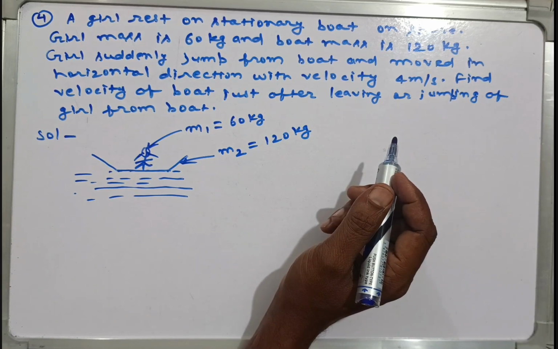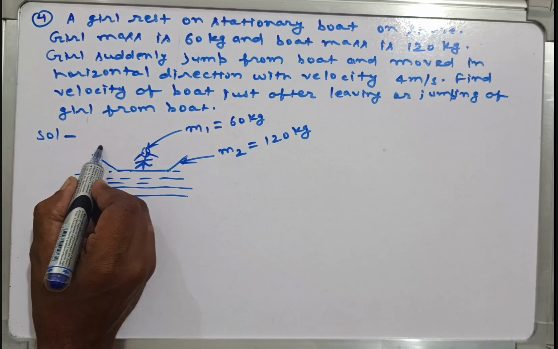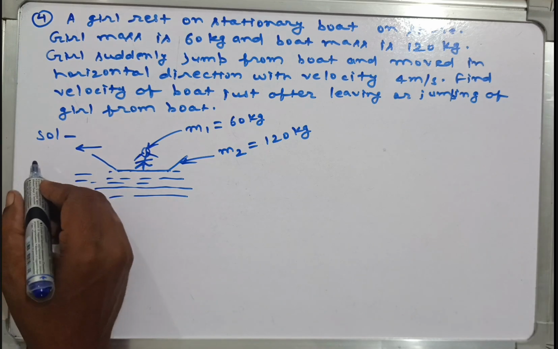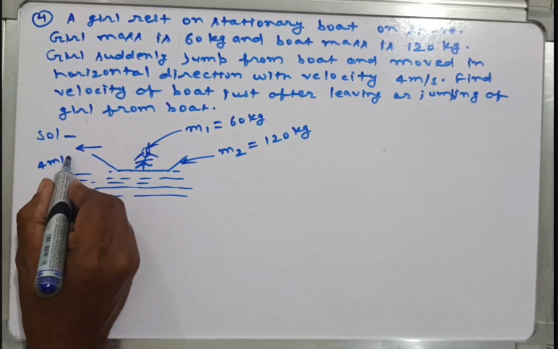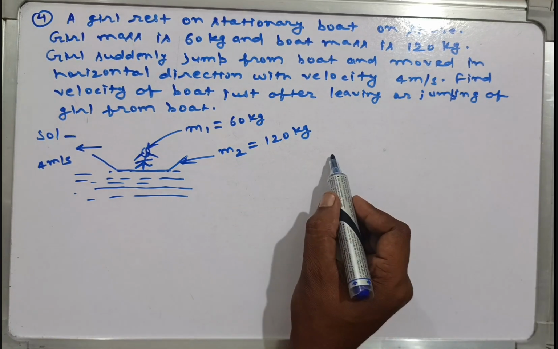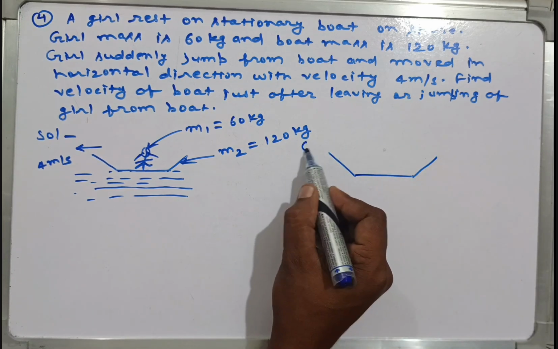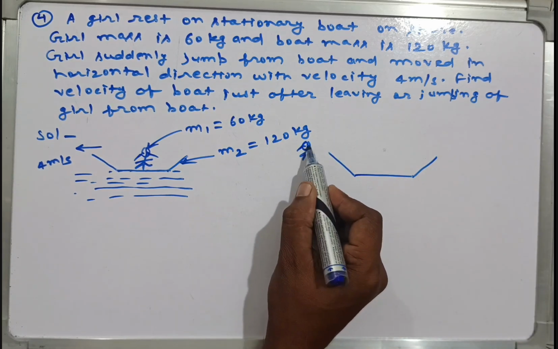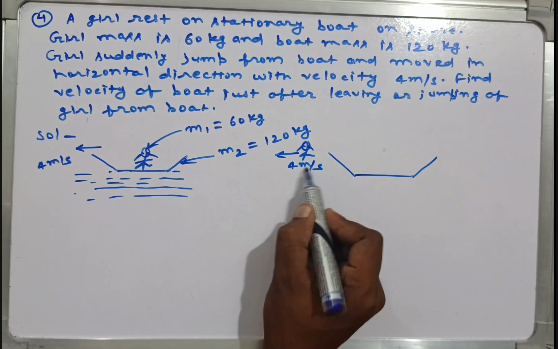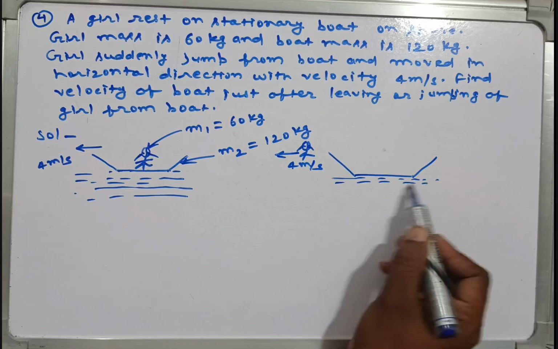Now suddenly she jumped in this direction, say with 4 meter per second. So here suppose this girl is moving in this direction at 4 meter per second.